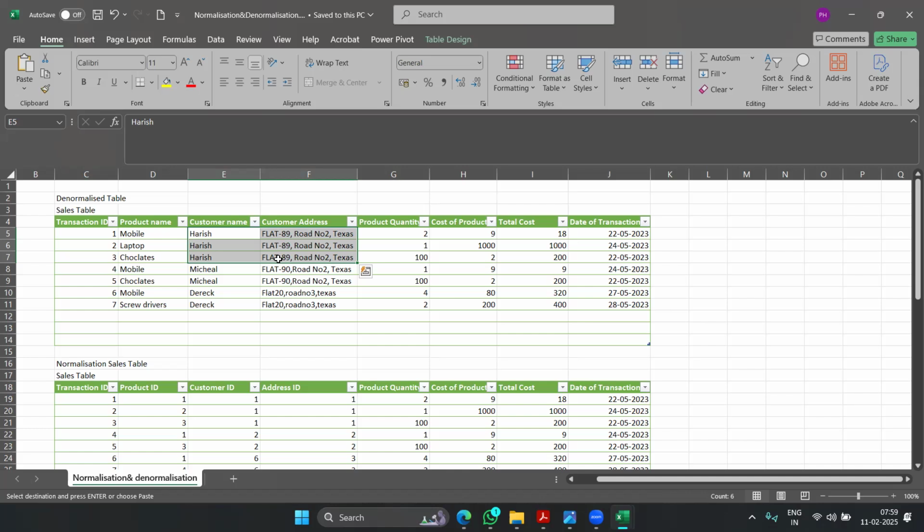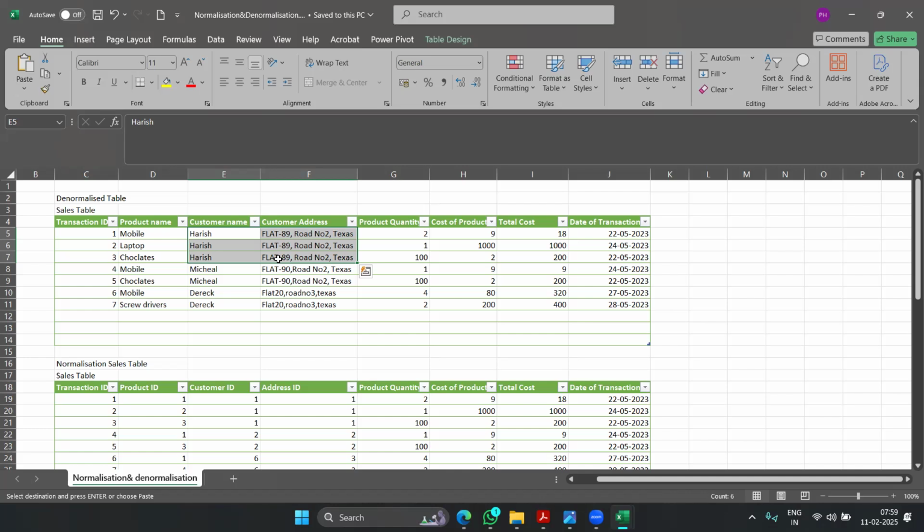Now you all know, right? The hard disks and everything come with a cost. Now, if you are storing customer details repeatedly, that means you are storing information that is not really of value, but we are supposed to pay for the hard disks, right?